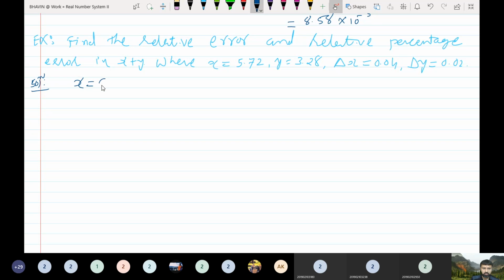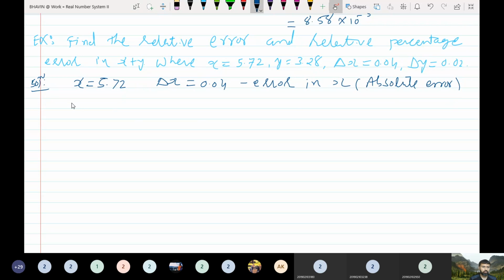So x is equal to 5.72 and error in x, that is delta x, 0.04, is nothing but absolute error. y is given 3.28 and delta y, error in y, this is absolute, 0.02.